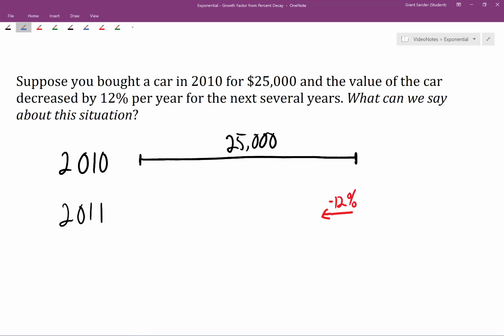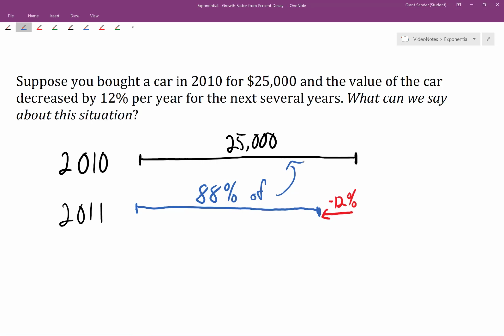And therefore, the value of the car in 2011 is the original value minus that 12%. And if we lost 12%, or we have a change of negative 12%, then the value of the car in 2011 is 88% of the value in 2010.